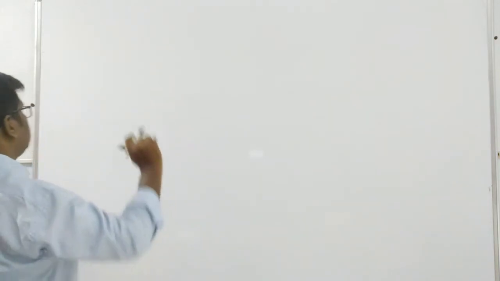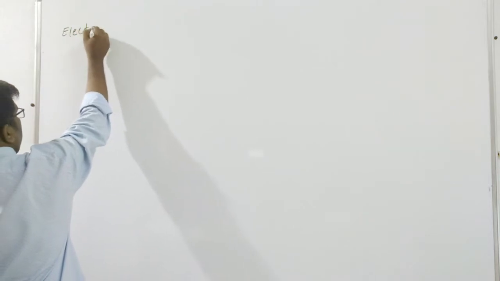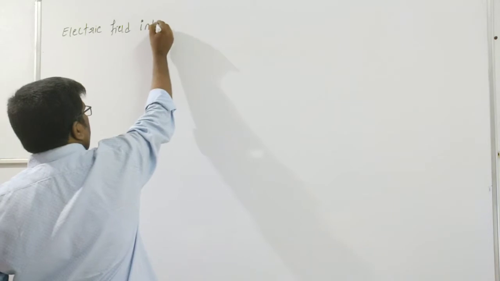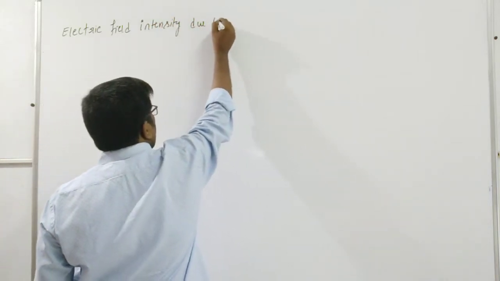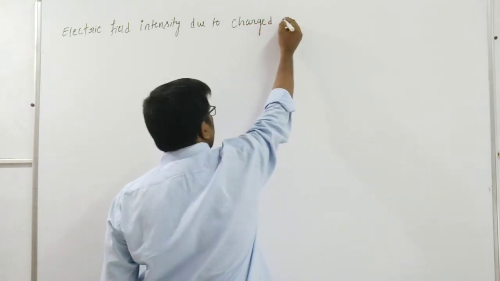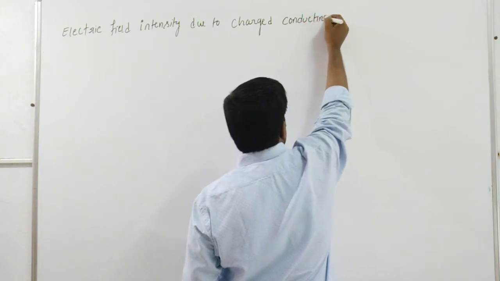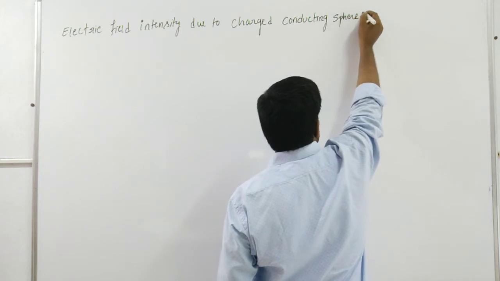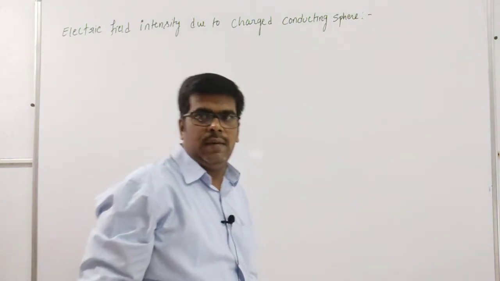So now first one, electric field intensity due to charged conducting sphere or shell, we can write charged conducting sphere, or we can also write as a shell.